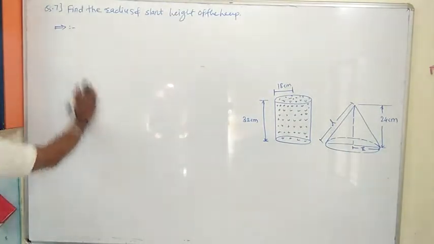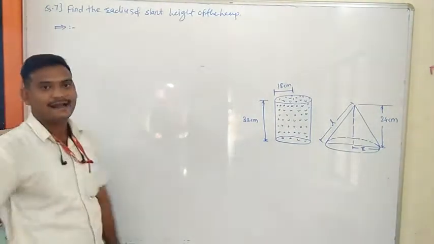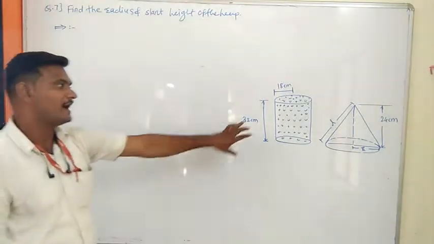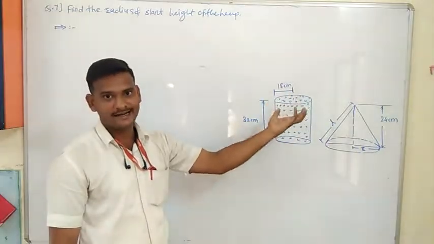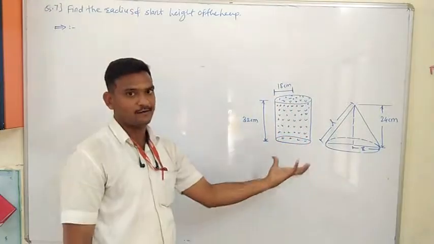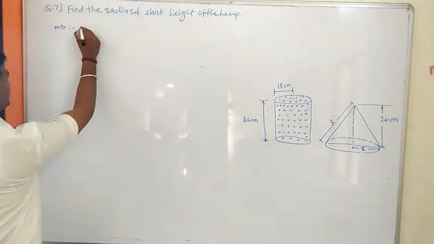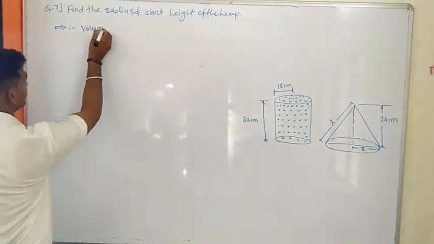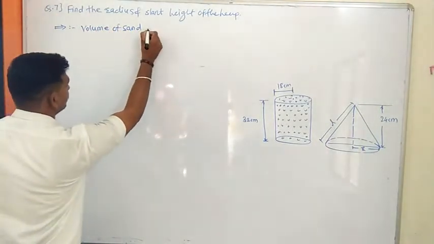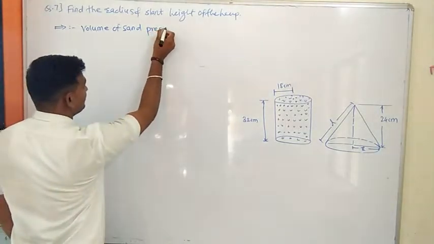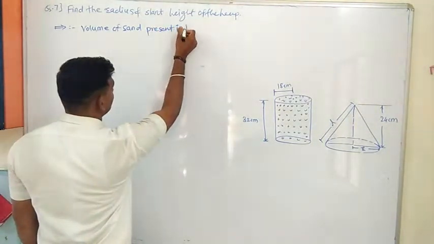First of all, we have to find what volume of sand was initially in the cylinder. That is the volume of a cylinder, or you can directly write the volume of sand present in the cylinder.